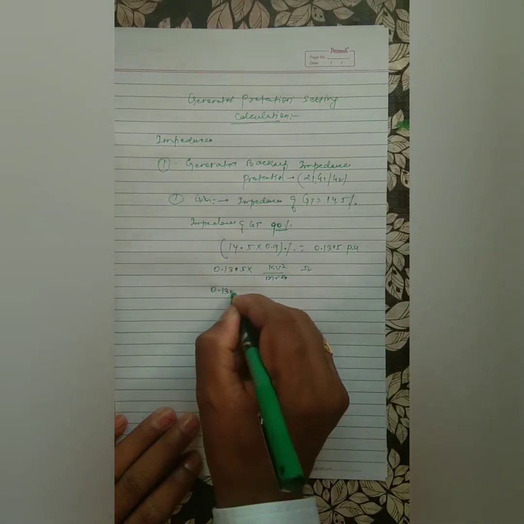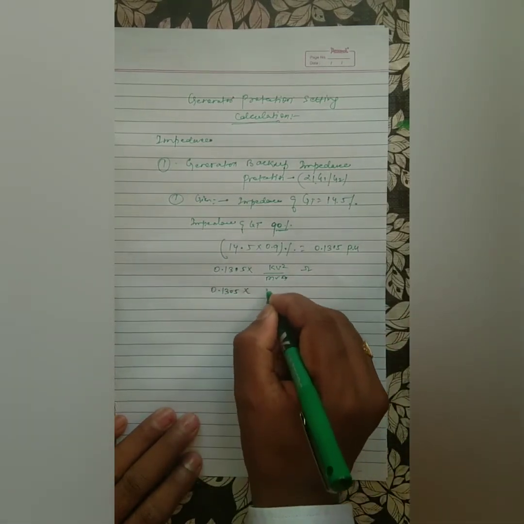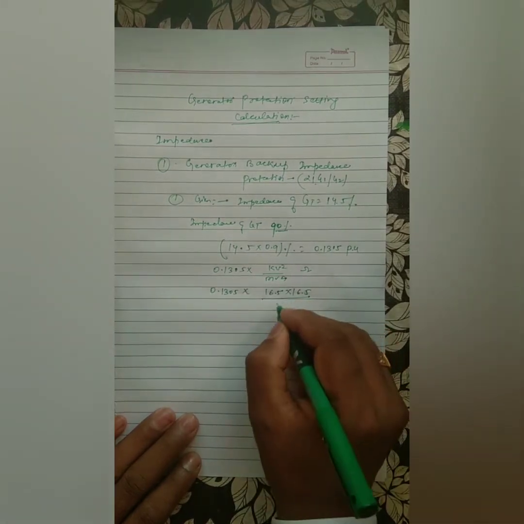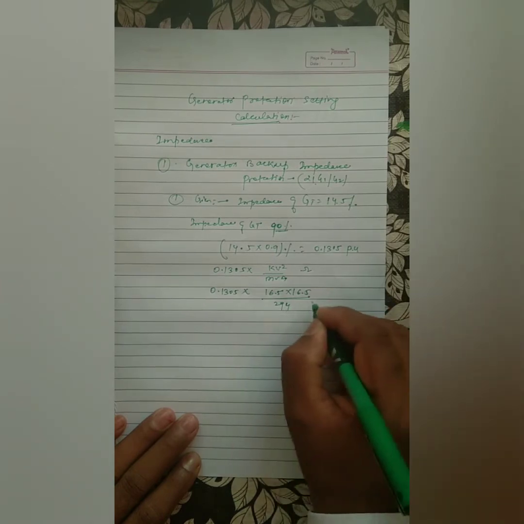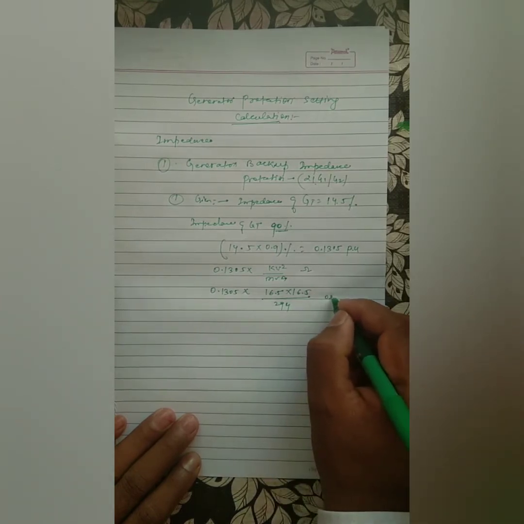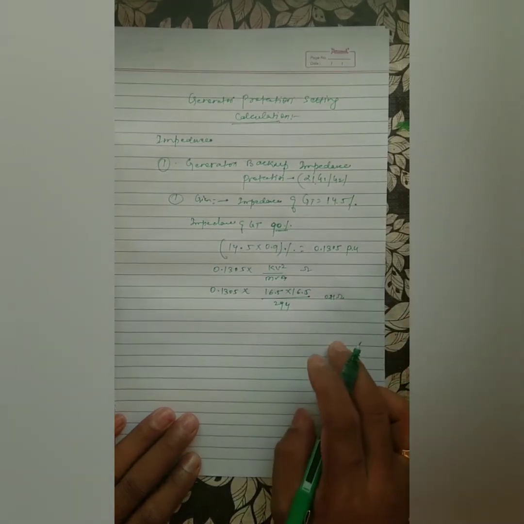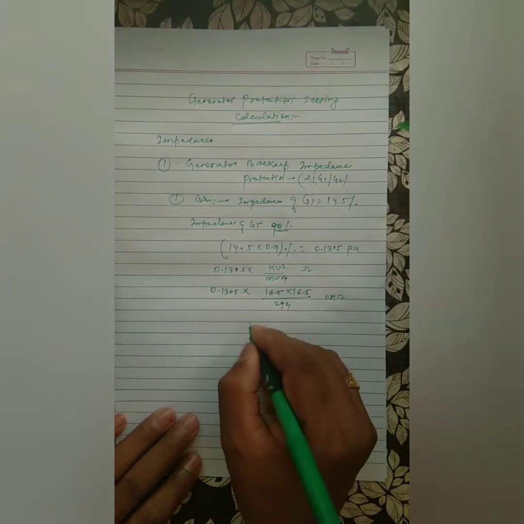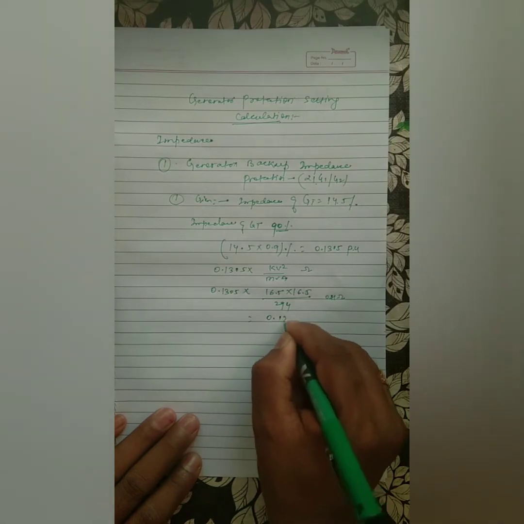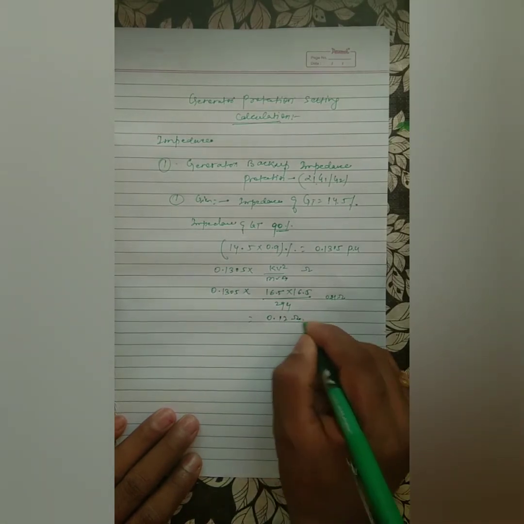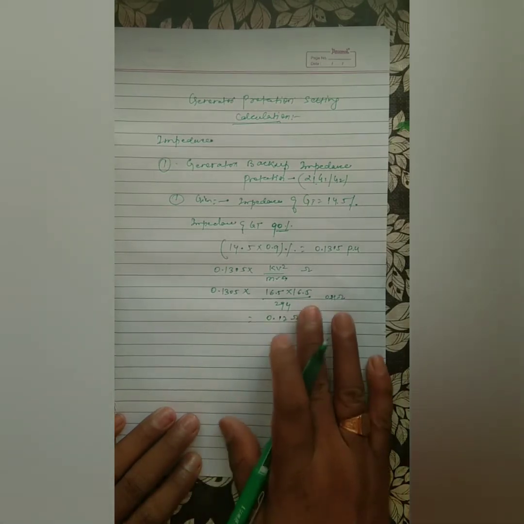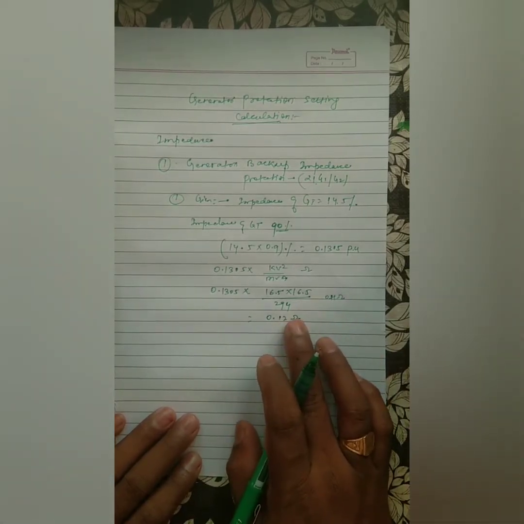So 0.1305, we have kV square, that means 16.5 squared, divided by our MVA rating of generator, which is 294. Since we are calculating the settings for the generator, we have taken the reference of generator MVA and generator kV. If we calculate all this, the value will be around 1.2 ohm. So this is our impedance of GT with reference to our generator, calculated in ohm.